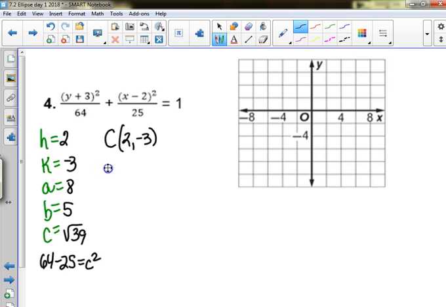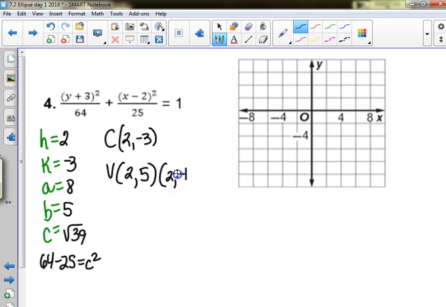For the vertices, it says write down h and then k plus a, and then h, k minus, what did I do? I didn't add that right. That was supposed to be k plus a, which would be 5. And then h and k minus a.